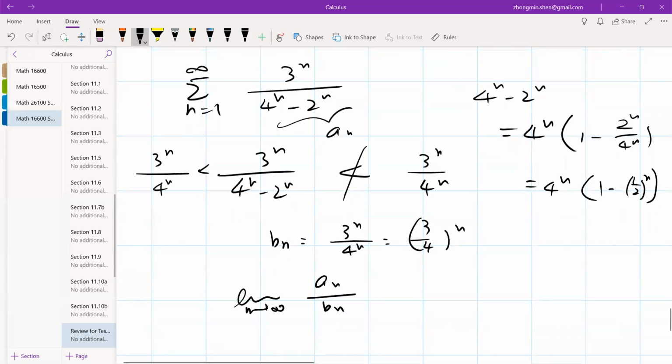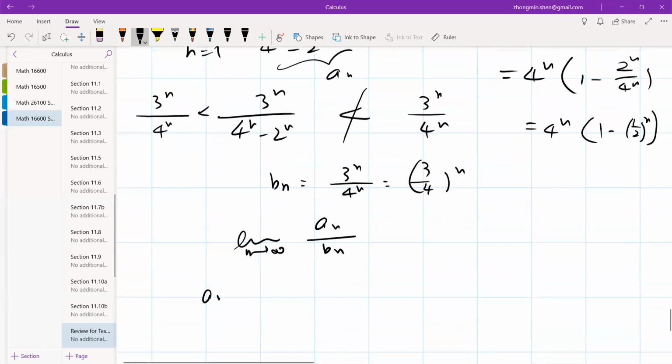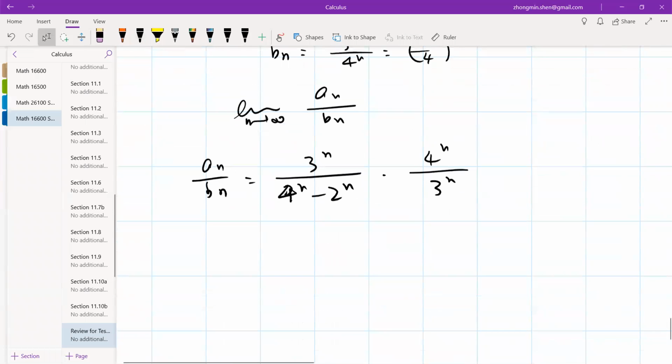Let's simplify an over bn, and that will be 4 to the n over 3 to the n, upside down. Then you simplify, 3 to the n is already gone, and then you divide the numerator and denominator both by 4 to the n.